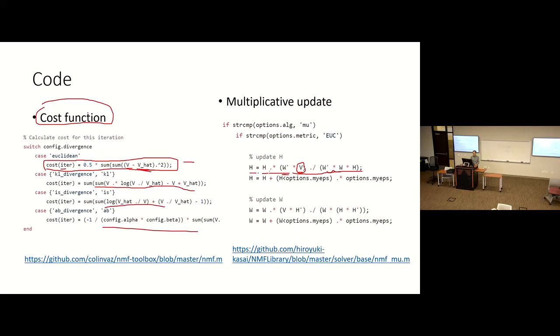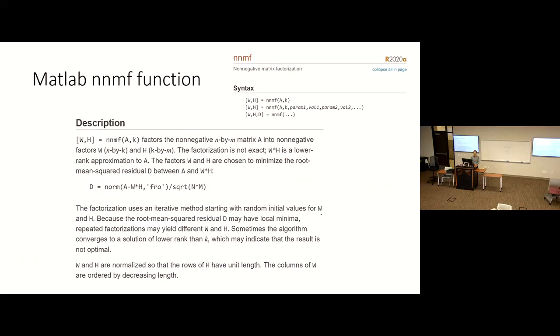So you look at H, which is updated using information from W, H itself, and V. So you keep updating, and also the W value will be updated using V, H, and W itself from the previous step. So you keep updating. At the end, you will get converged results, and these two become stable, and you output the results. So this is the MATLAB NMF function documentation.